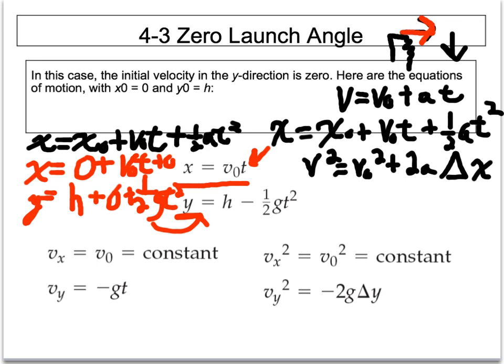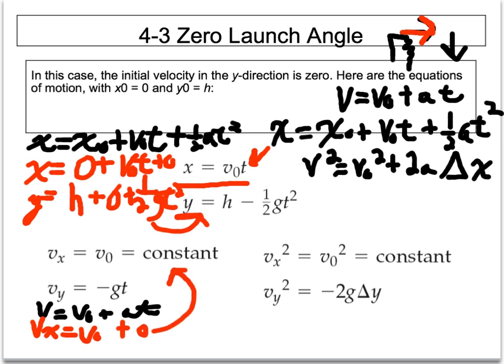All right, let's look at the second equation. V equals v0 plus at. Well, in x, you have the initial velocity you jumped off with. So for x, vx, we do have our initial velocity, but we have no acceleration. So we get this equation right here.